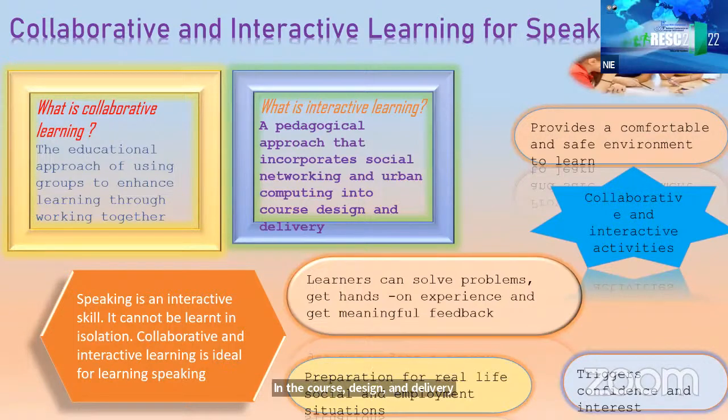When we use collaborative activities, it provides a comfortable and safe environment to learn. Learners can solve problems, get hands-on experience, and get meaningful feedback. It prepares the students for real-life social and employment situations. And it triggers confidence and interest.